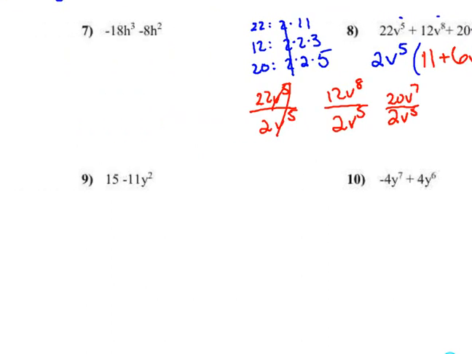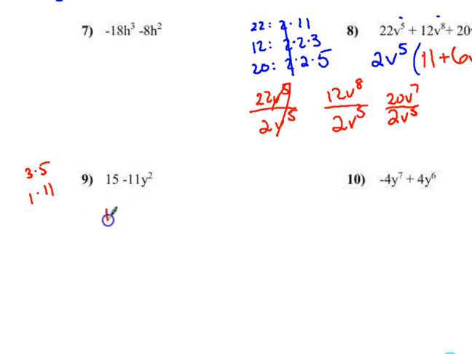All right, number 9. Again, 15, 11. The first one's not negative, so I'm not going to worry about factoring out the negative on this one. I only wanted to show it to you on the other one. There's nothing in common with 15 and 11 because this is 3 times 5 and then 1 times 11. There's nothing in common with y squared because this doesn't have any y's.